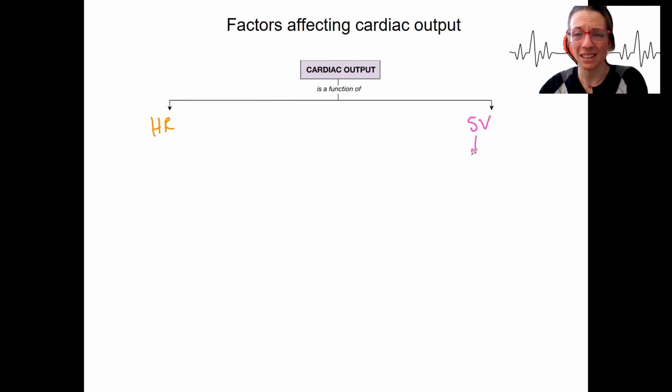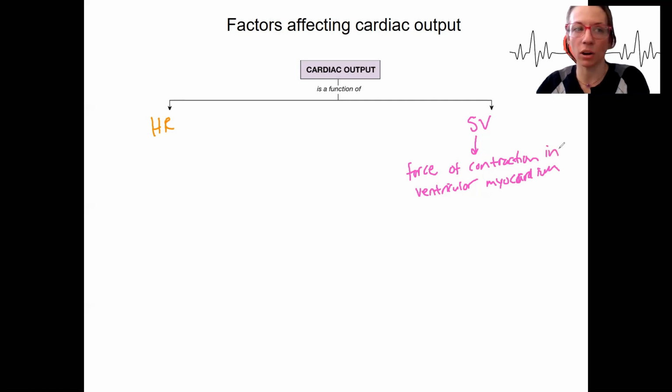Stroke volume is determined by the force of contraction, where, right, in the myocardium, the ventricular myocardium. Okay, what determines the force of contraction of the ventricular myocardium? Two things. One is contractility, so the contractility of the myocardium.